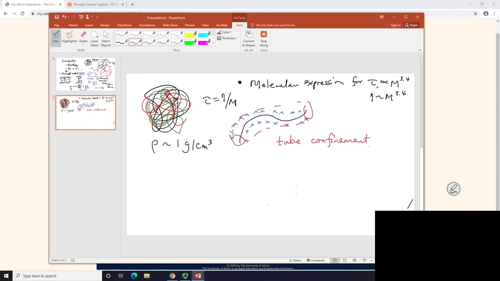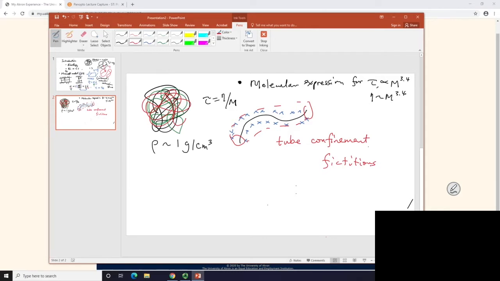But keep in mind that this tube is only fictitious. It's not real. It's just imaginary. It's just like a Maxwell model. It's a construct. It's a way to help us simplify our story.